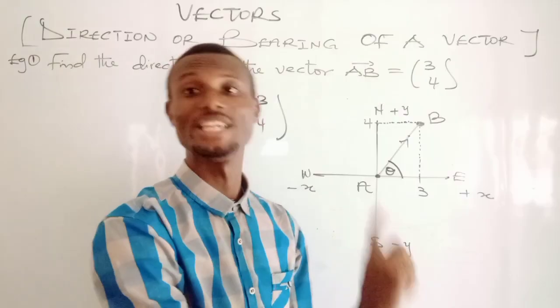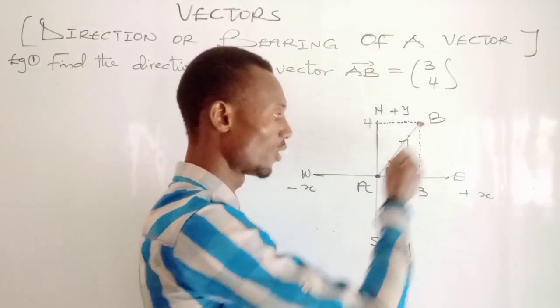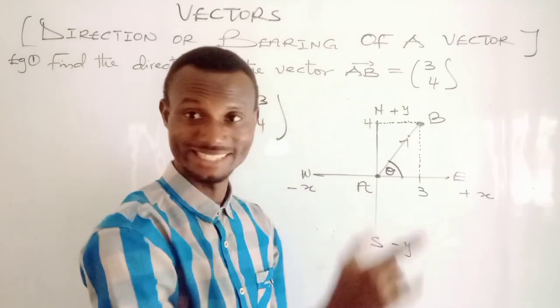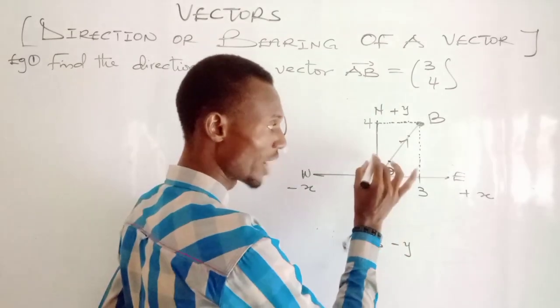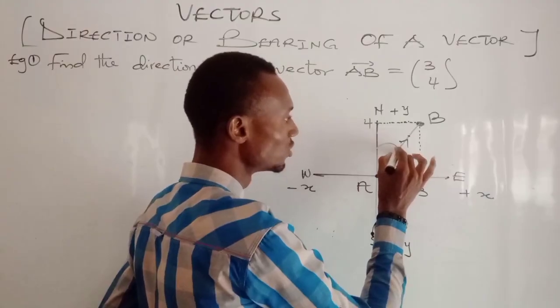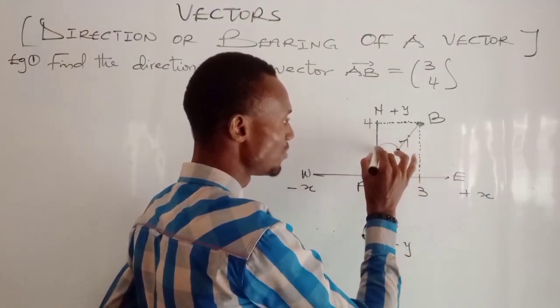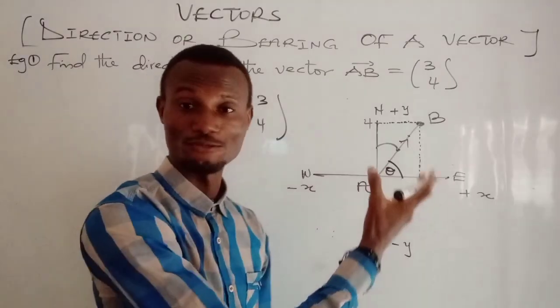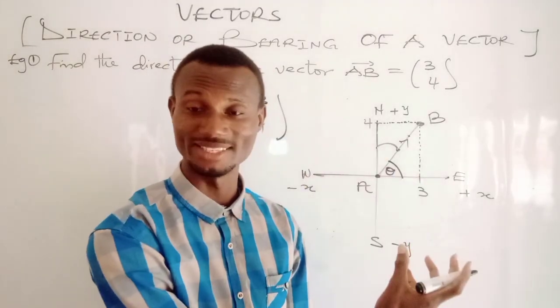We need to start reading from the north and we'll end on the line AB, which is the vector AB. You cannot exceed it. So to find the true bearing, we need to start reading from the north up to this vector AB. You read from the north up to where the vector is being formed. That's how you go about it.